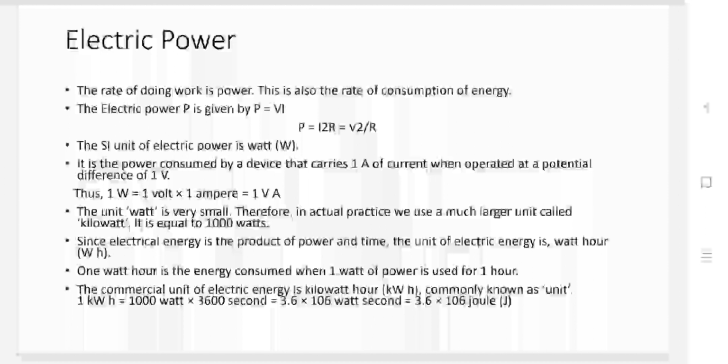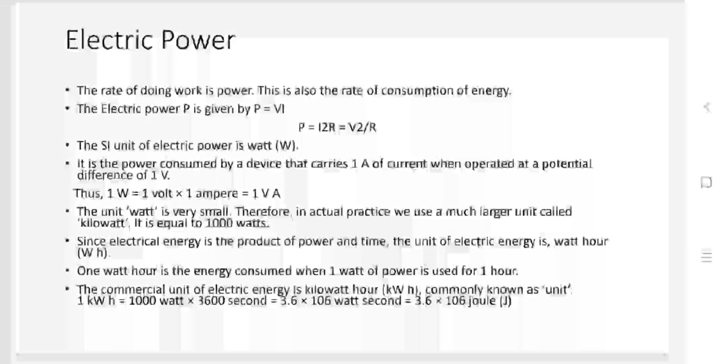Since electric energy is the product of power and time, the unit of energy is watt hour. 1 watt hour is the energy consumed when 1 watt of power is used for 1 hour. For commercial use, the unit of electric energy is kilowatt hour, commonly used as a unit.